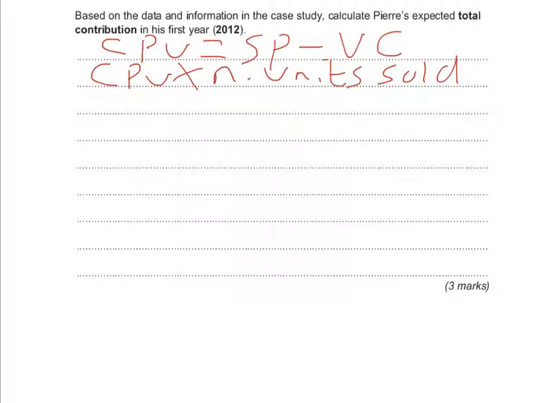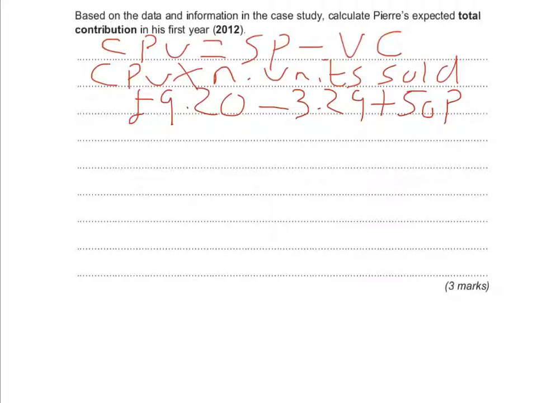So let's now work out the contribution per unit for Pierre's t-shirts. Okay, so as we said, contribution per unit is the selling price, which is £9.20 as stated in figure 1, minus the variable costs. In figure 1 it tells you that the variable cost per t-shirt will be £3.29. However, in the following paragraph it also states that there will be an additional 50 pence added onto this.